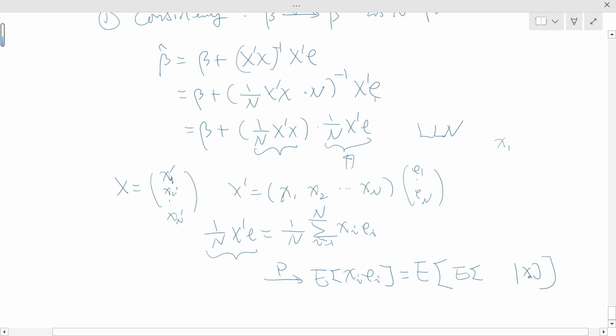Conditional on the whole X, which is the whole x1, x2, until xn, we can move this xi out, and we know that the remaining expectation is 0. So we show that by the law of large numbers, this converges in probability to 0, and the term disappears. Now let's look at these other terms.